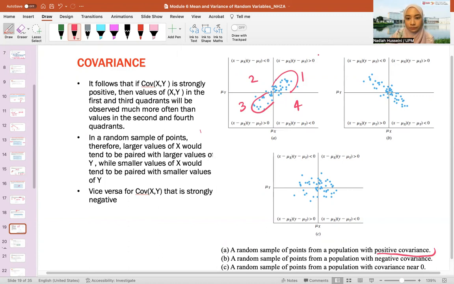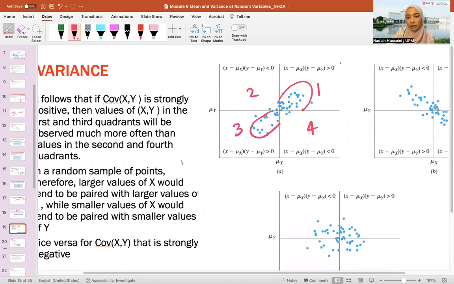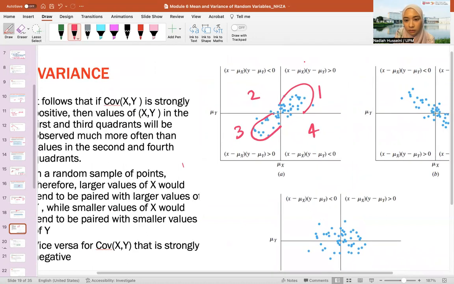So let's see. Here they indicate to us that the product of the deviation between x and y is positive here because, okay, first I need to describe the graph.